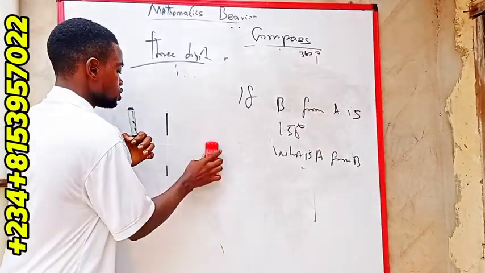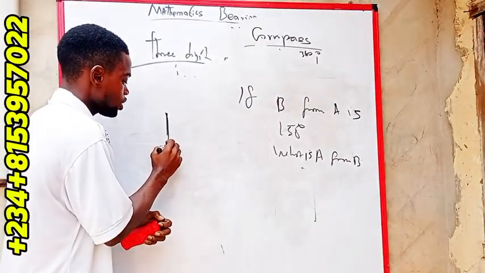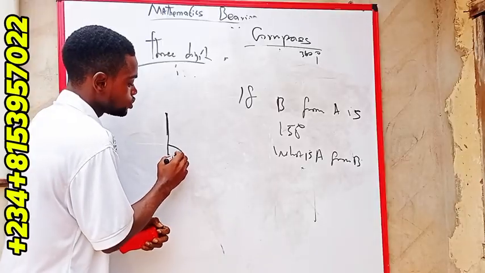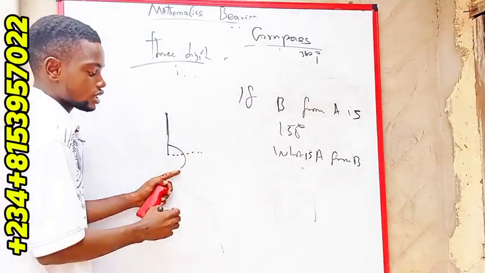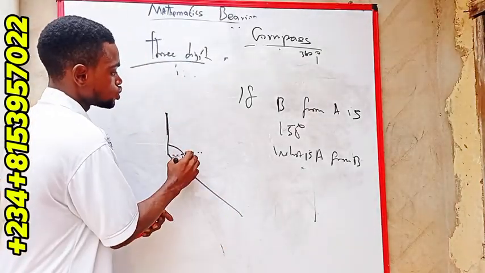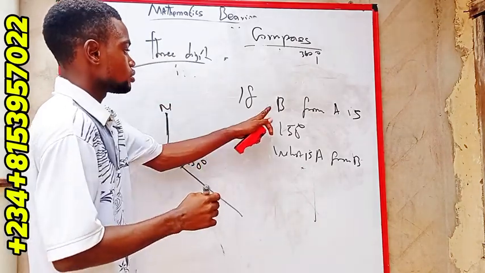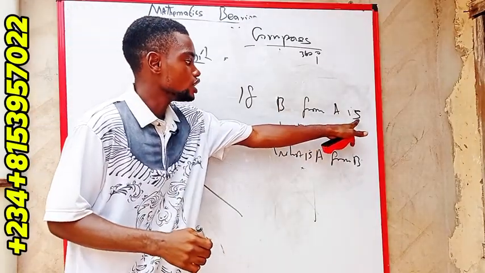Turn on an angle of 150. Now remember I told you how to put this, if you want to read it. So we're going to calculate 150 from here. Remember that 150 is going to be under this second quadrant. That is B from A, which is 150.